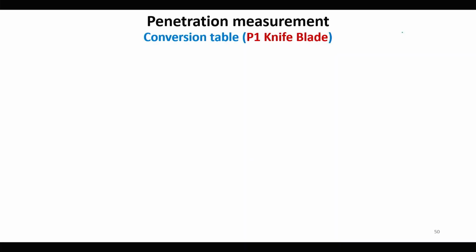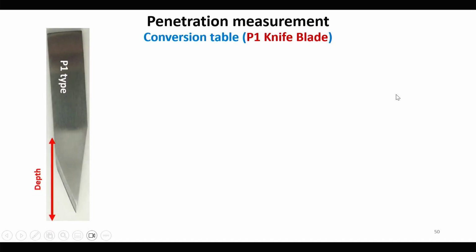Now, for rigid or incompressible material, either we can get the length of cut directly, or from the witness paper, if it is for compressible material, we will get the length of cut. There is a conversion table for both the P1 knife and the P2 knife. Depending on their structure, we can get the depth of penetration.